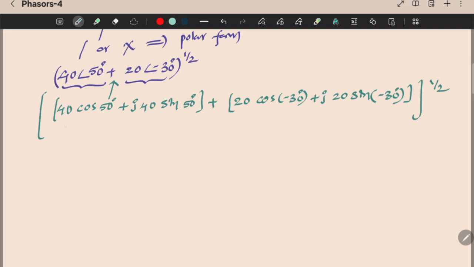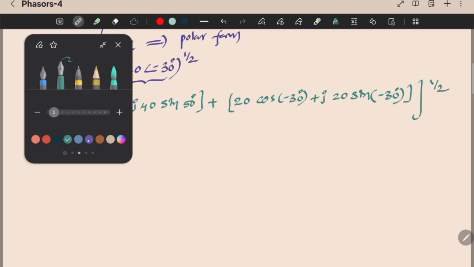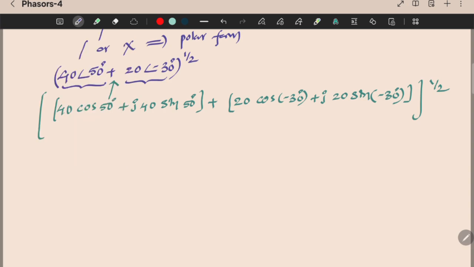Now you can calculate the value of 40 cos of 50. You may get 25.71 using a calculator, plus j 30.64. The second one you will get 17.32 minus j10, all to the power 1 by 2.